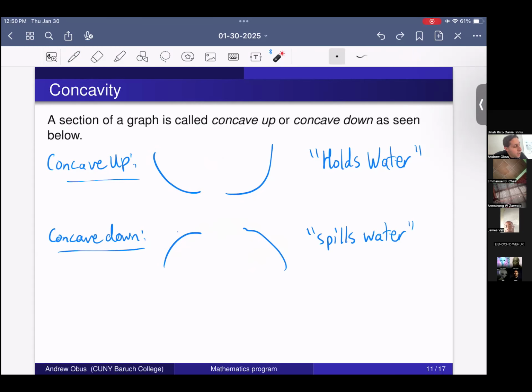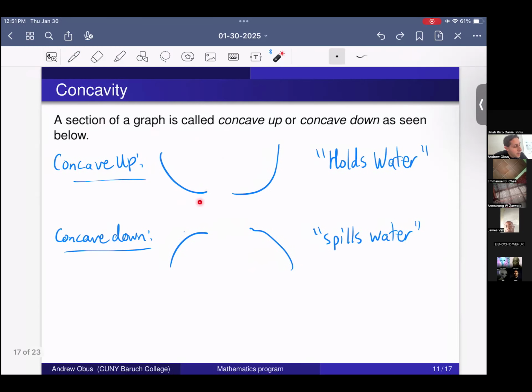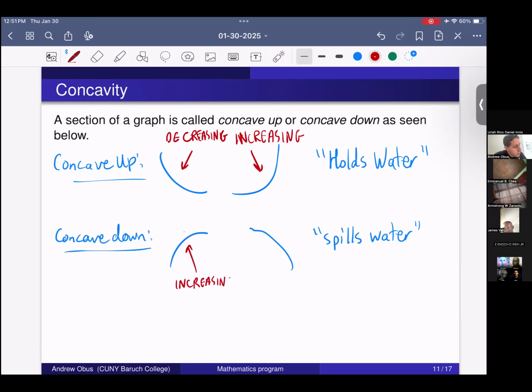Notice that a section of concave up can be decreasing or it can be increasing. This concave up curve is decreasing, but this concave up curve here is increasing. I'll write out the whole word: decreasing and increasing. Similarly, this concave down here is increasing, but this one over here is decreasing.